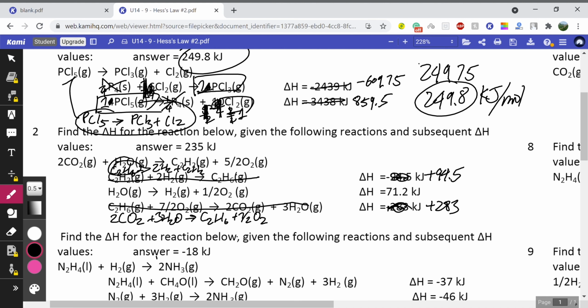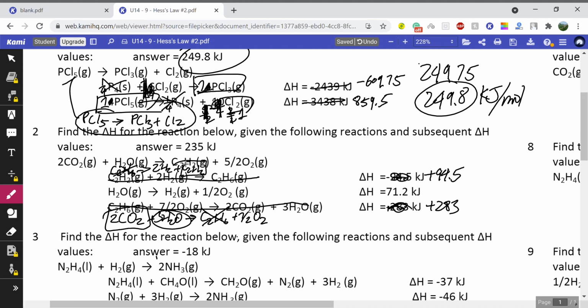C2H6 over here can be cancelled out with C2H6 over here, because one is in reactant and one is in product. So let's cancel these two out. Now our C2H2, we need a C2H2 in the product side, so we can keep this C2H2, and we can keep this 2CO2.